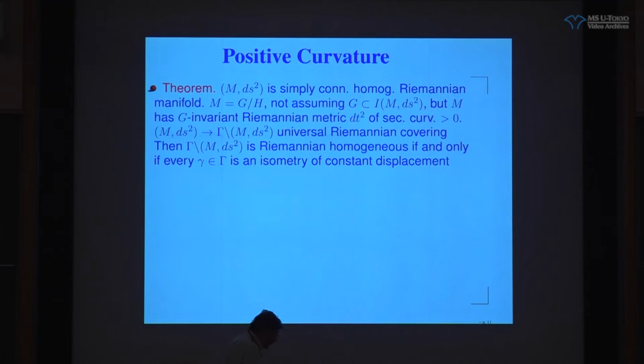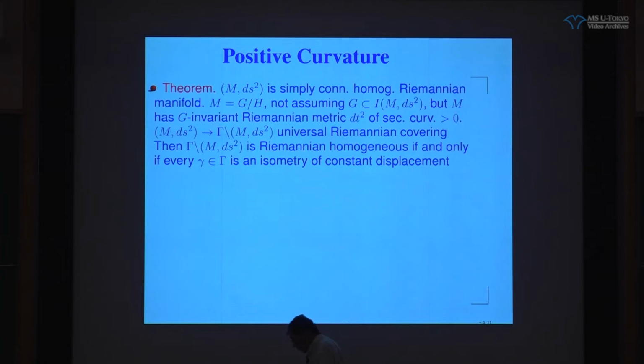So in order to have much hope of this, you have to be able to either somehow eliminate the other components from the group gamma, or understand at least what is the entire isometry group.